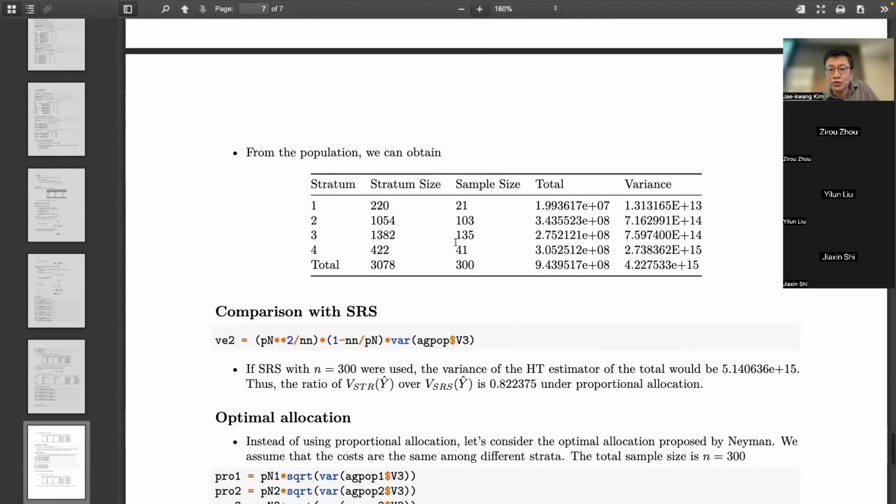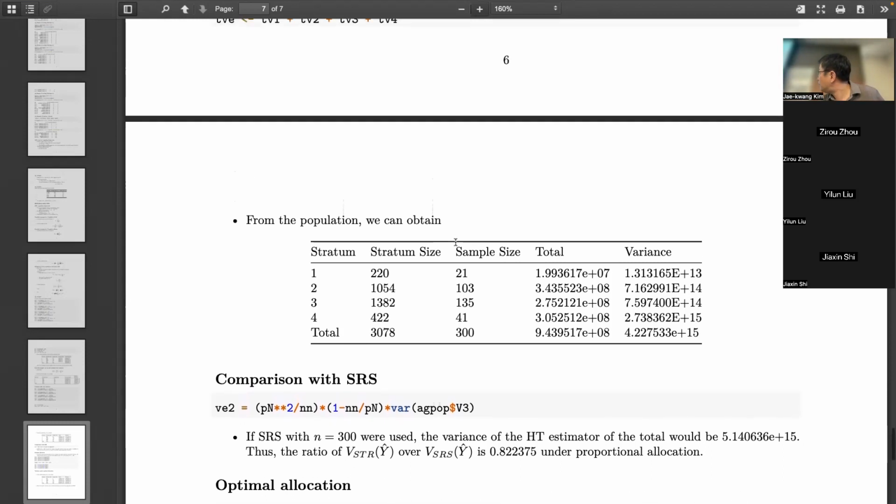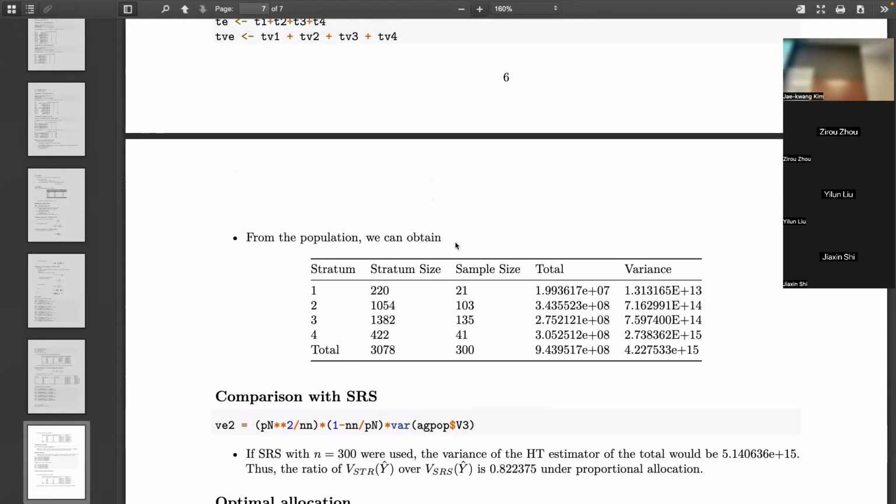But anyway, part of the reason is probably stratum four. If you look at stratum four, this variance is actually 15 power, the other is 14. So this variance is high, even though the population size is not really high. What is the four? Four is west.